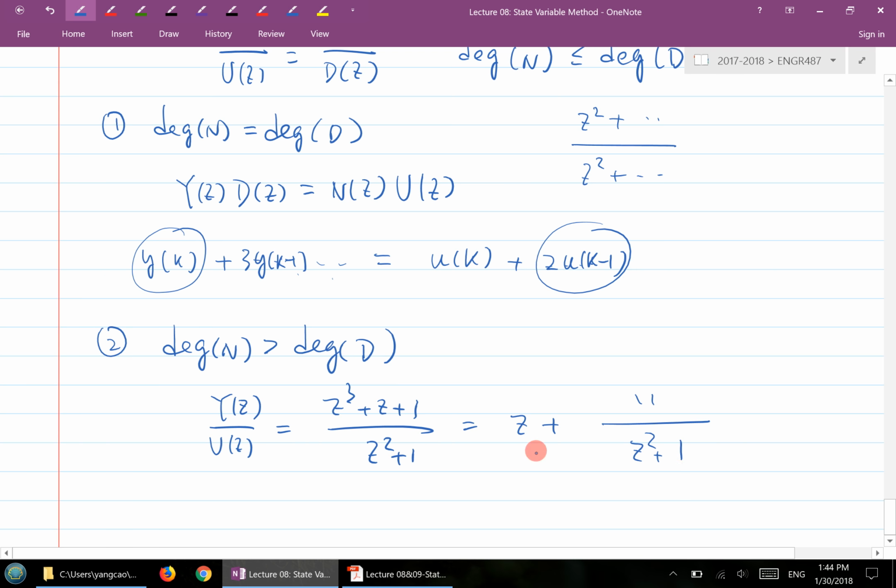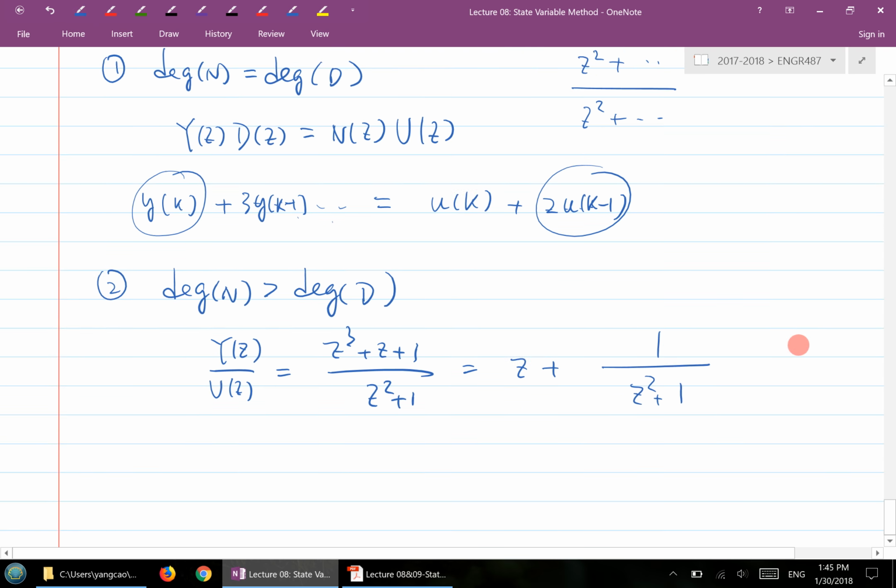So what do we get here? That's z. There should be z squared plus z. This should be 1 here, right? That makes sense.